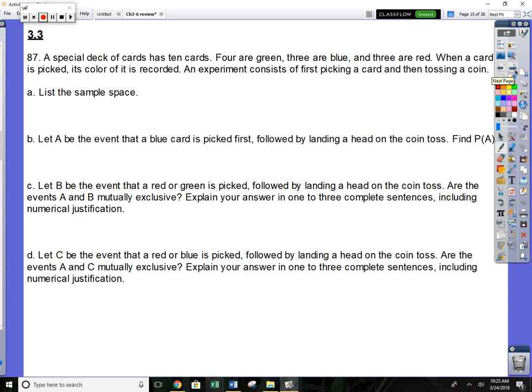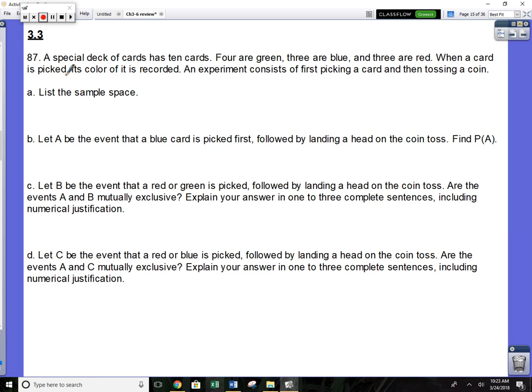87. Okay, let's go through this one. This one looks a little different. A special deck of cards has 10 cards. 4 are green, 3 are blue, 3 are red. When a card is picked, its color is recorded. An experiment consists of picking a card and then tossing a coin. So give me the sample space. Here's your sample space.